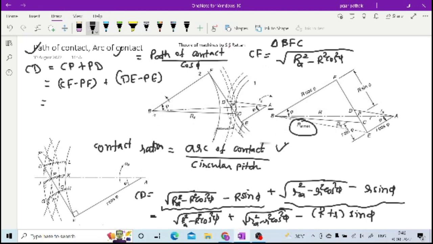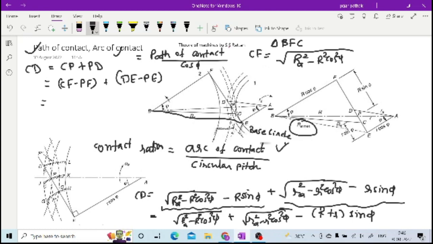Right now your addendum radius is BC. If your addendum radius is BE, then it will touch the base circle of your pinion. Now if it is more than BE, then it will start penetrating into your pinion. That is known as interference.